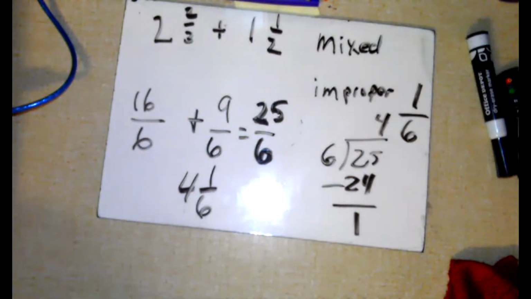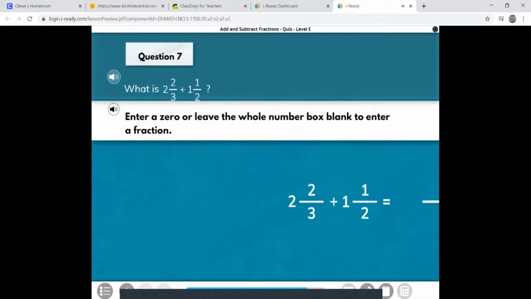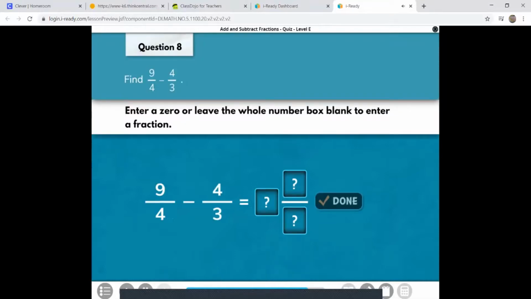Okay. So let's go ahead and put it in there. So 4 and 1/6. Now the next problem: 9/4 minus 4/3. We gotta have a common denominator.